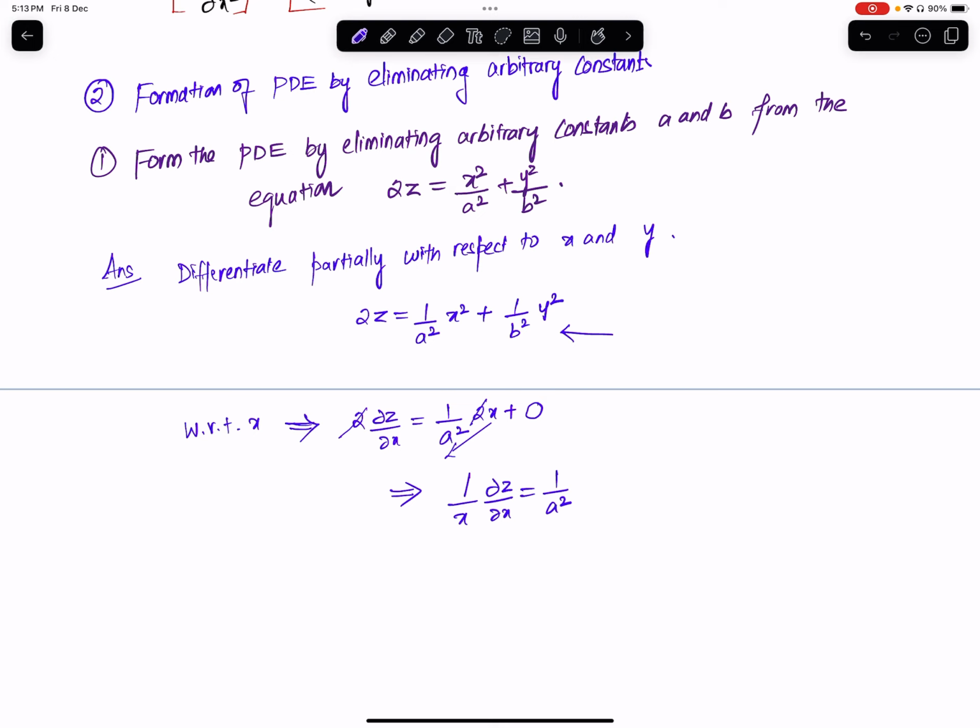It is better to find an equivalent value for those arbitrary constants. So in the place of 1 by a square, I can replace this value. That is the purpose of finding the value of this arbitrary constant 1 by a square.